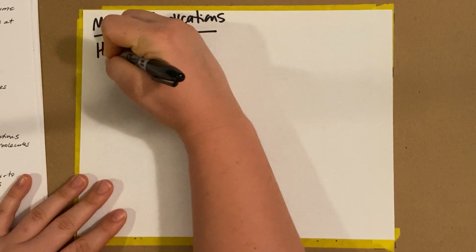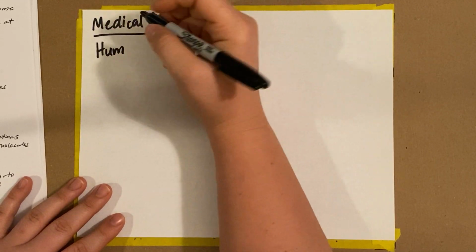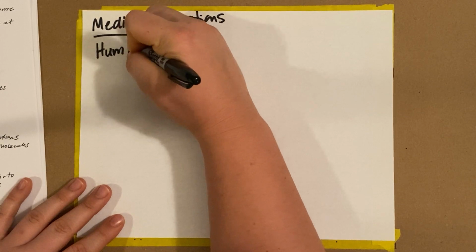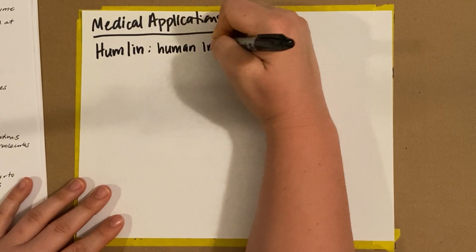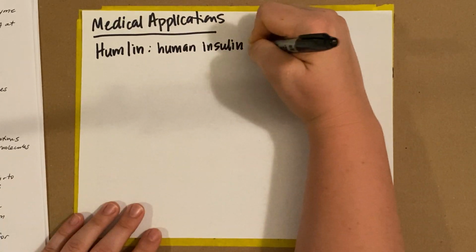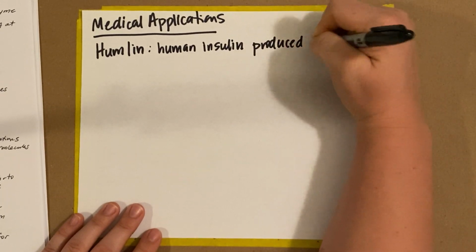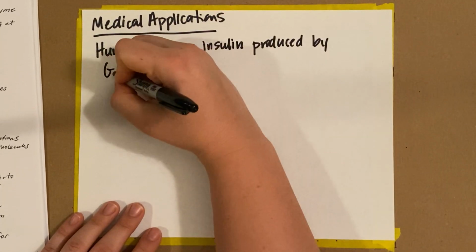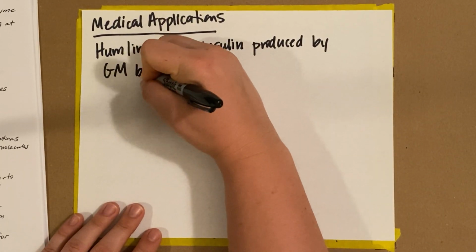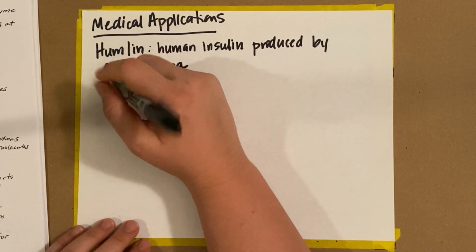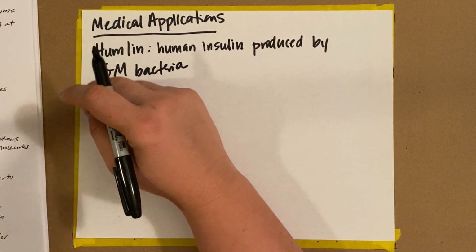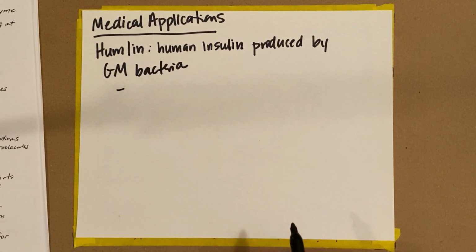One real example, and I've already talked about insulin, is humulin. This is human insulin produced by GM, genetically modified, bacteria. Previously, when modern medicine was trying to treat people with diabetes, they would use insulin from cows or pigs.